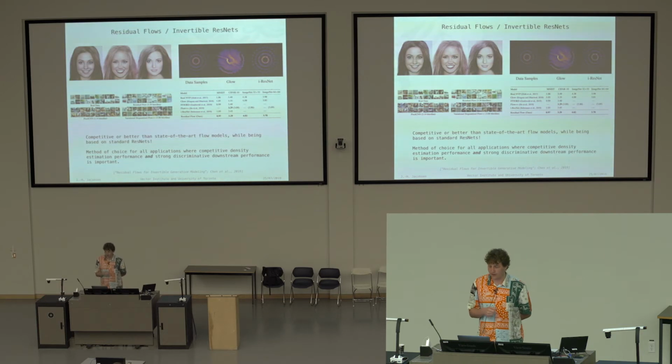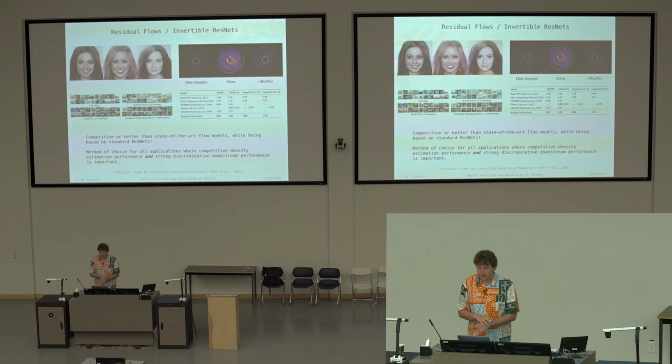And it turns out that these models are also on par with the state of the art in terms of bits per dimension or negative log likelihood, so they're actually very good density models, while being only based on standard ResNets. So this method could be the method of choice for all applications where competitive density estimation performance and strong discriminative downstream performance is important, because now you're really just using a standard ResNet, which works well in discriminative downstream tasks. Right. Any questions up to here?